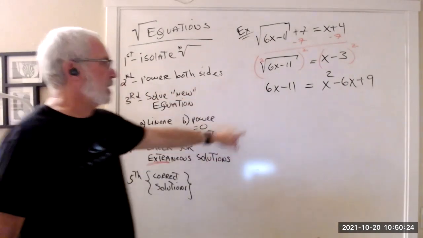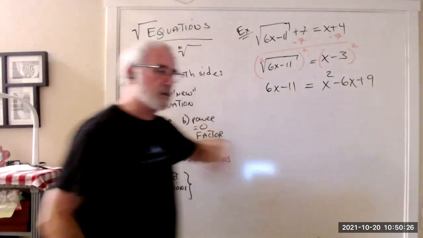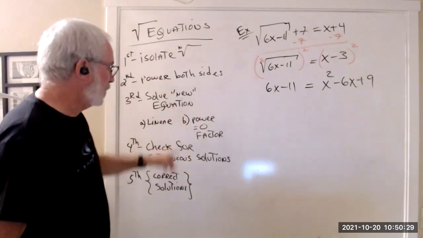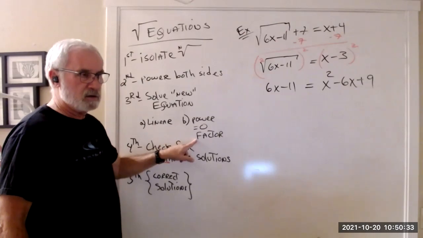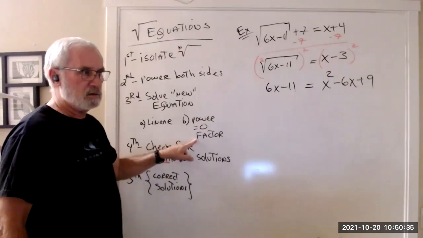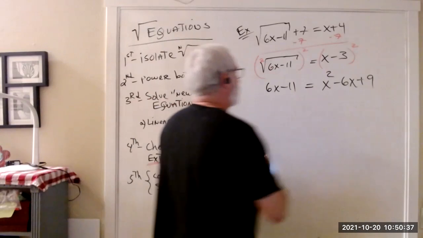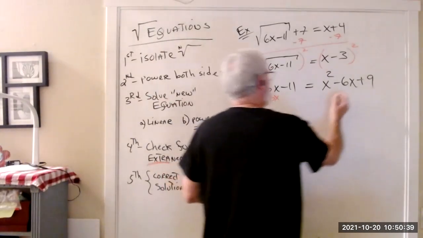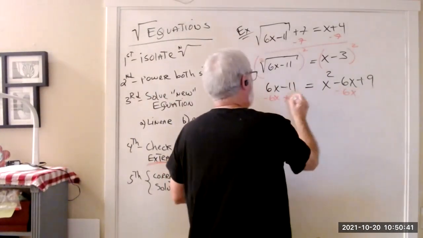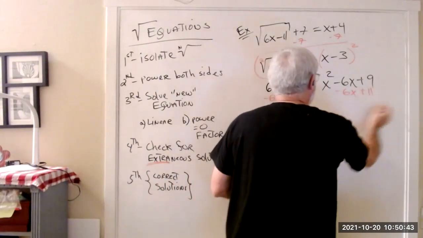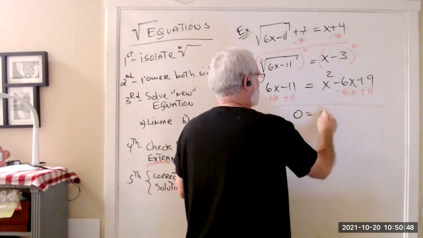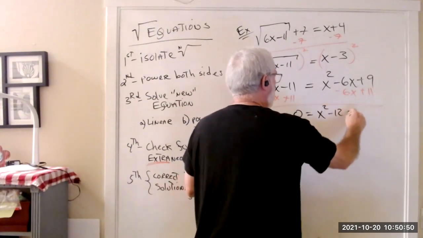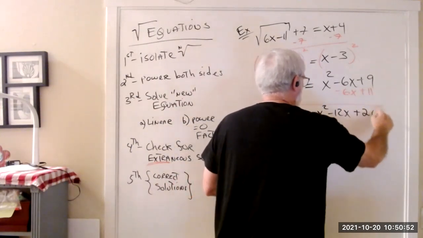Well, because it's got an x squared in it, I know it's a power equation, so it has to equal 0, and I have to end up factoring it. Okay, so I'm going to take away 6x away from both sides. I'm going to add 11 to both sides. And I'm going to get 0 equals x squared minus 12x plus 20.